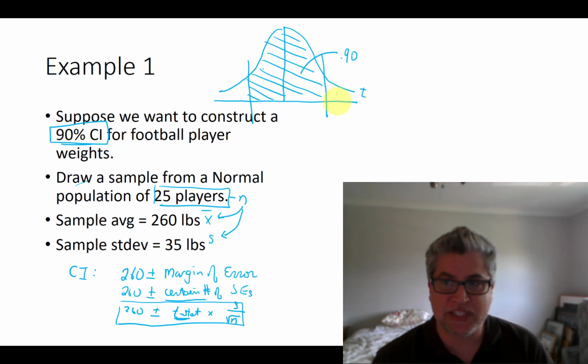But that 10% gets split up 50-50, here and here. So 5% is in that unshaded area, and 5% is in this unshaded area. And now we have our t upper and our t lower. And we just need to use Excel to tell us what these t's are.